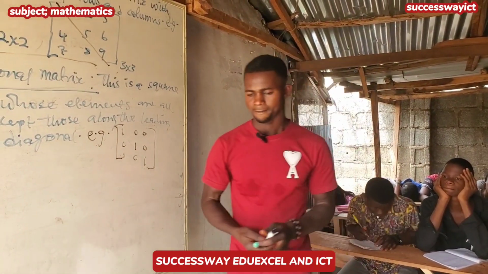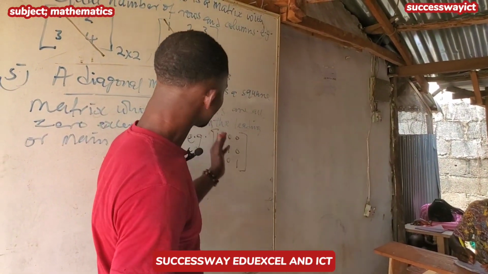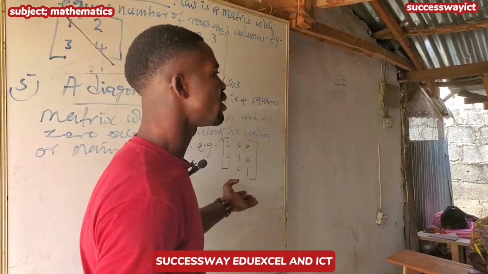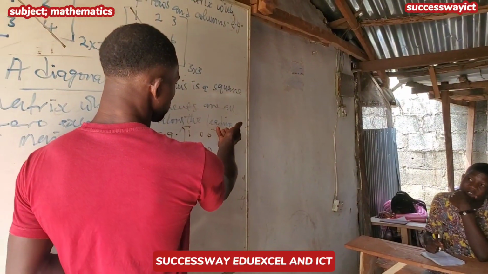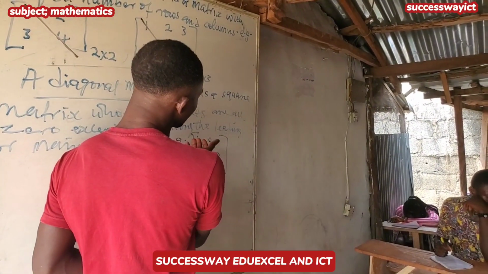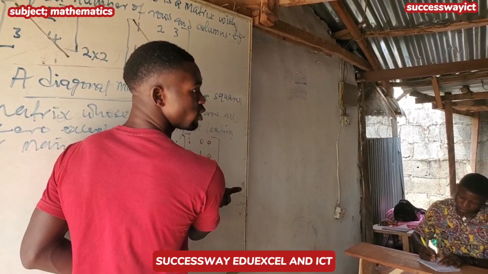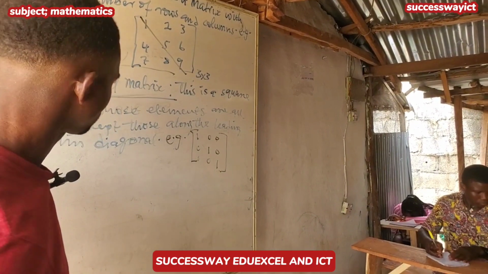Zero. Now, if you may ask a question, if this one is the leading diagonal, which one is the minor? Exactly now. The minor is the one from right to what? To the left. But the one that is the main diagonal is what? The one from what? The left to what? Right. Exactly now. All right.